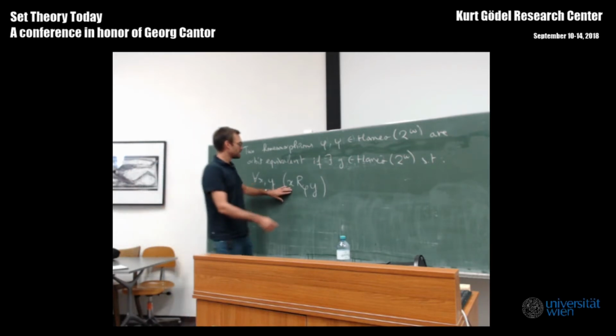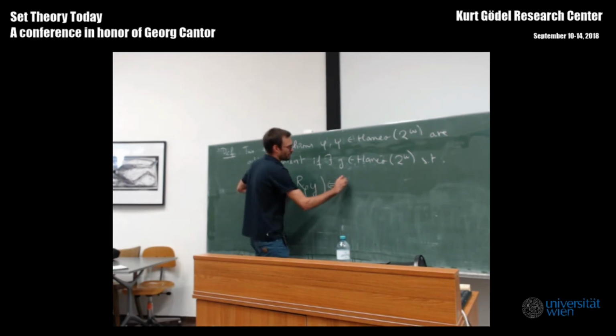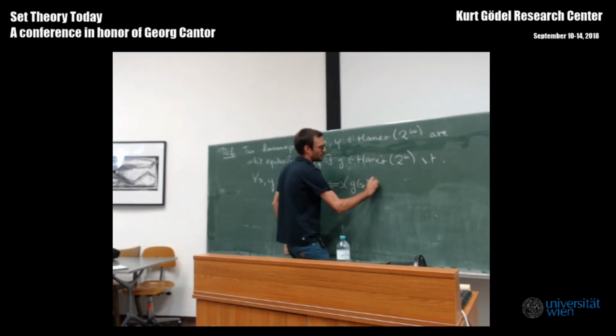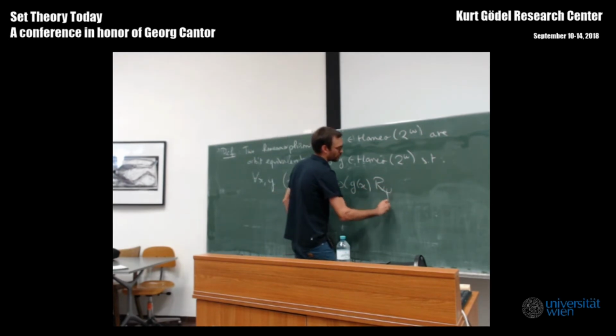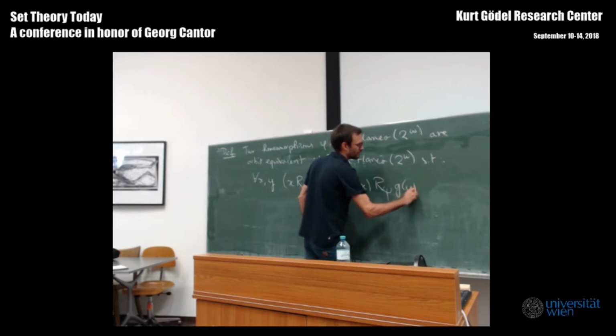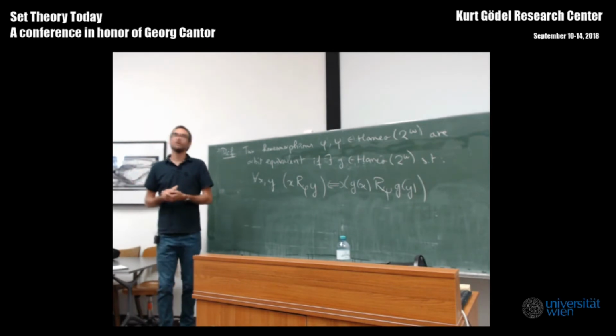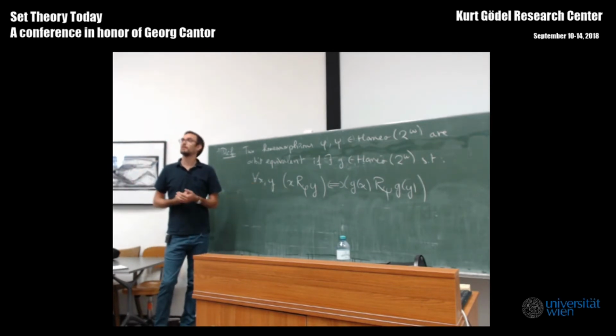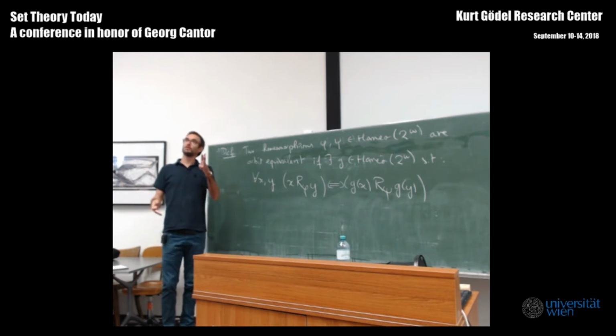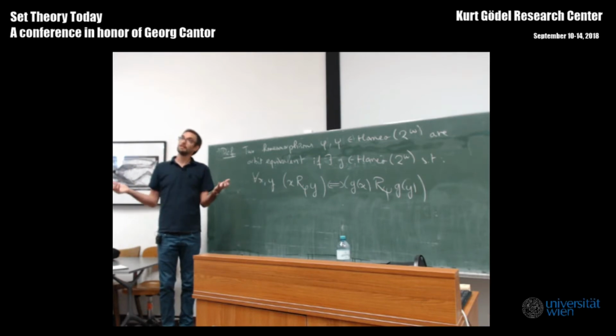So x is equivalent to y according to phi if and only if g of x is equivalent to g of y according to psi. Which just means, up to conjugating, say, phi by a homeomorphism of my space, my two homeomorphisms have the same orbit. So orbit equivalent really means there are two conjugates which have exactly the same orbit. The dynamics may be completely different, but the orbits are the same.